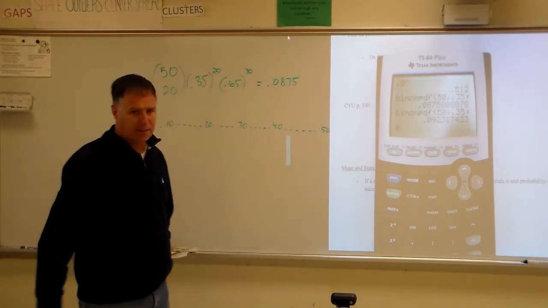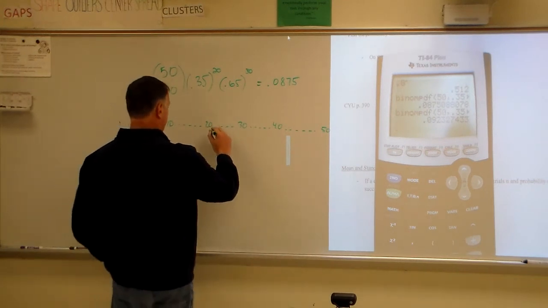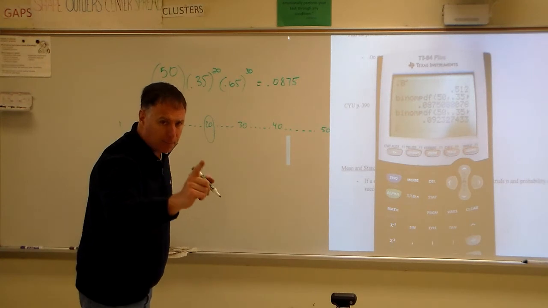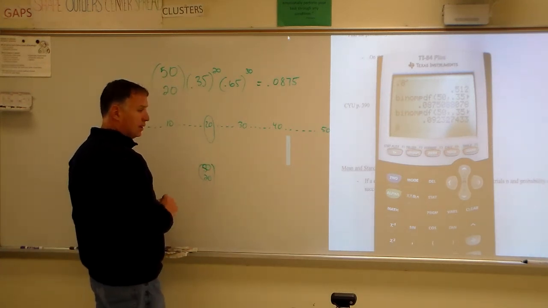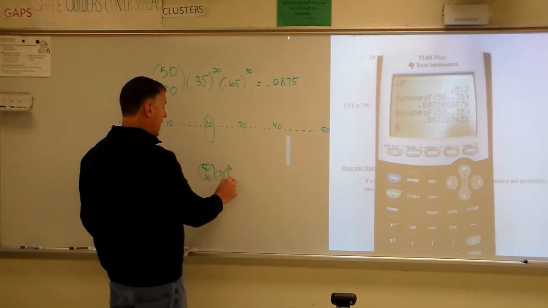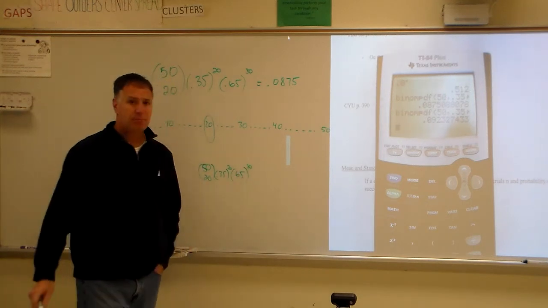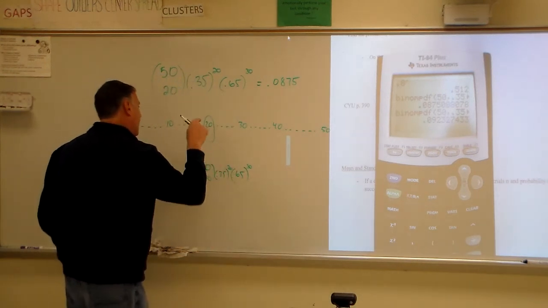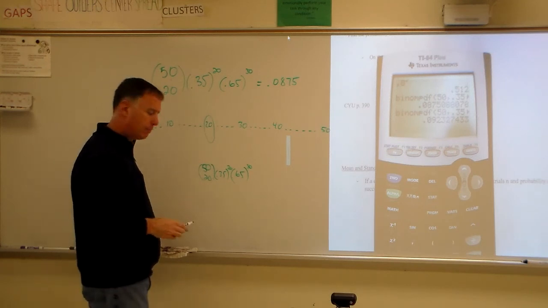If you wanted to find the probability they make 20, you're looking for just this moment in time. You're looking for that one probability, and that's what we did. 50 choose 20, and then we had 0.35 to the 20th power, and 0.65 to the 30th power. That's a binom PDF. The reason it's a PDF is because you're looking at one thing in time. That's it, just that one thing.